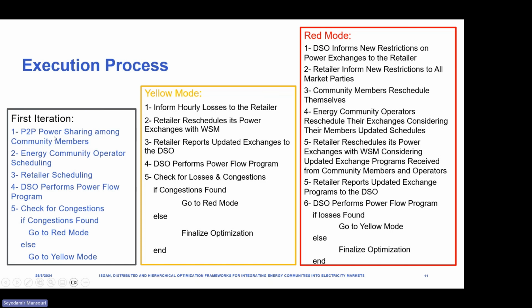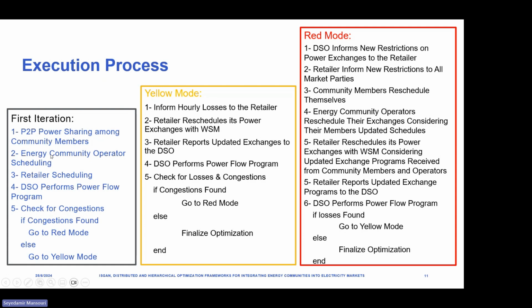And at the first step, each community member, which are smart homes, know their shortages and surpluses that are not addressed in the P2P platform, so they can bring them to the energy community or the retailer. So they send their market strategies to the energy community operator and retailers and ask them for power, sell or purchase, depending on their needs.